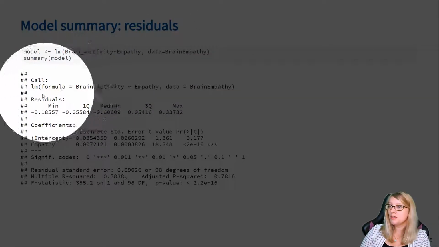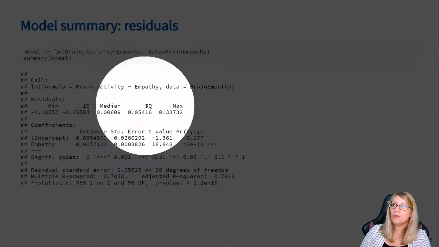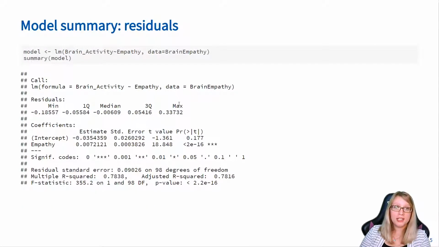Focusing in on this residual table. What's reported here are summary statistics for the residuals, so what values the residuals take on. So for example, the median residual is negative 0.006. That should be close to 0 if these are normally distributed with mean 0.